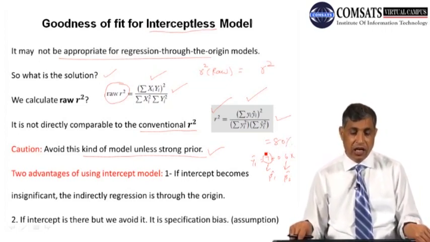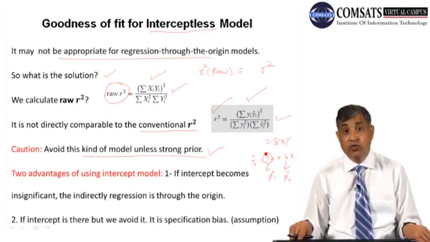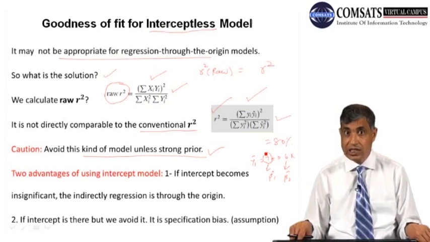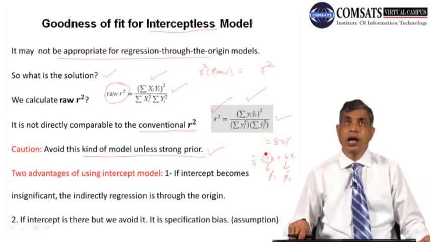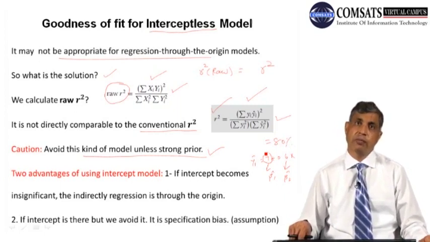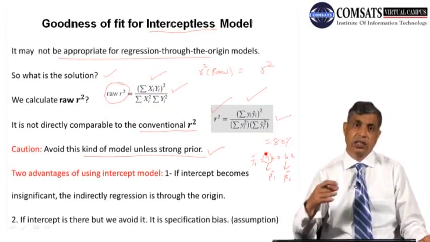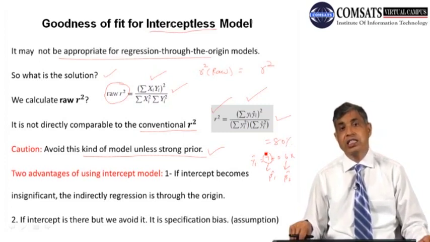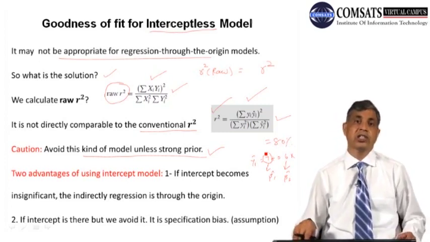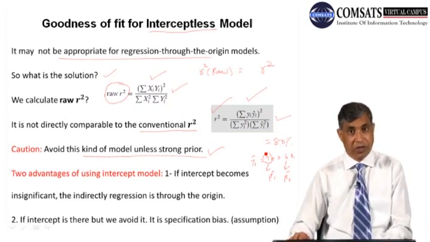The second is that if the intercept is there, but we avoid it. Now look at the situation. If you remember the assumptions of the classical linear regression model, I think it was assumption number 9, we assume that our model is correctly specified.